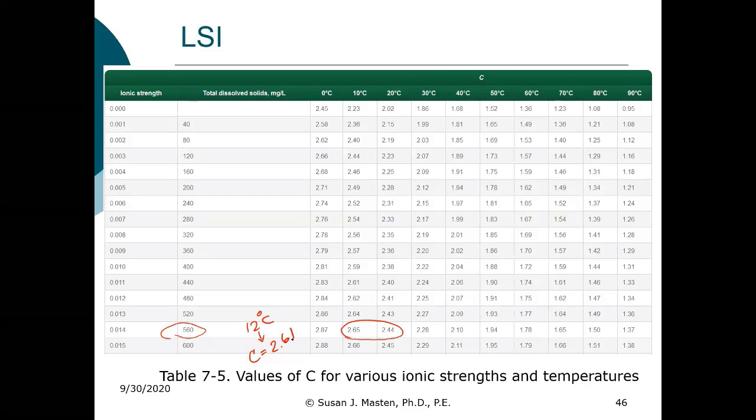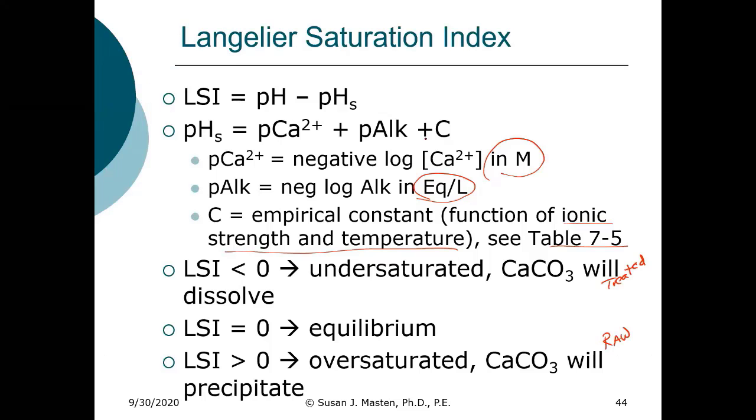All I did was draw a straight line between 10 degrees and 20, using this information, determined the equation, and from that determined the C value. So that gives us this C value in the equation here.